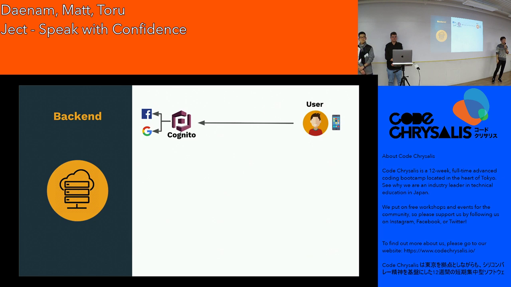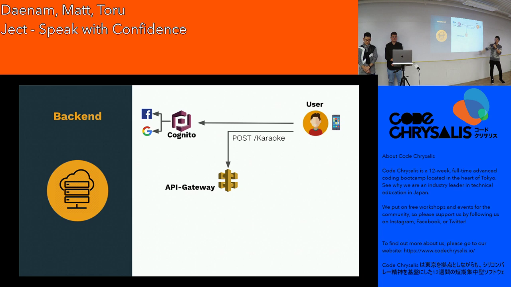Once you log in, you want to take on a challenge like karaoke mode or something. And if you do karaoke mode, you have to save data to the database. So the user makes a POST request to karaoke, and that information is automatically sent to API Gateway.